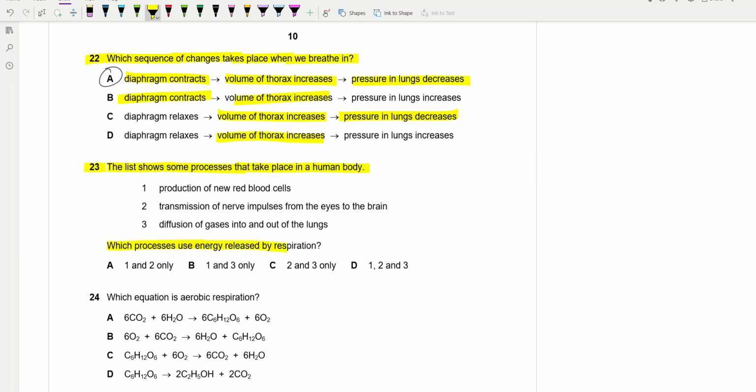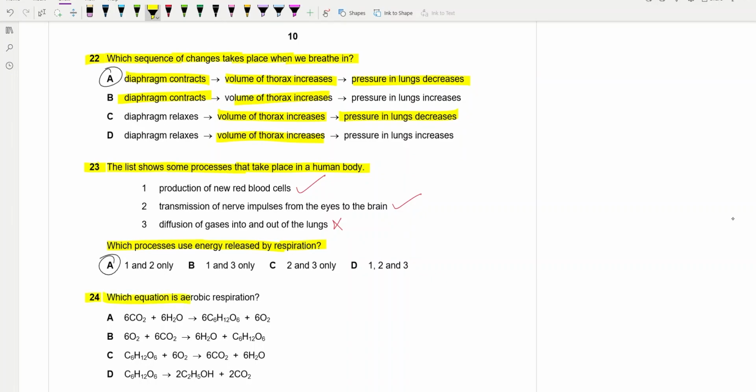Which processes use energy released by respiration? Process 1 says production of new red blood cells, which is correct. Process 2 says transmission of nerve impulses from the eyes to the brain, which seems correct. Process 3 says diffusion of gases into and out of the lungs, which is wrong. So the correct option would be option A, 1 and 2 only.